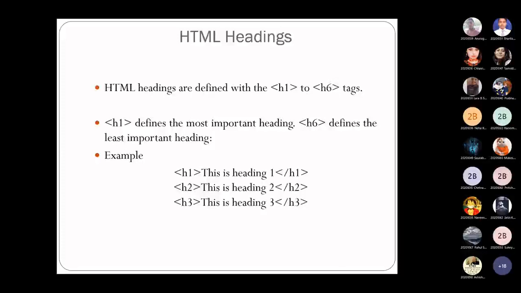It means they are highlighting that content. If you want to highlight some particular content, you can write H1, otherwise H2, H3. It depends. There are 6 types of headings, in fact.